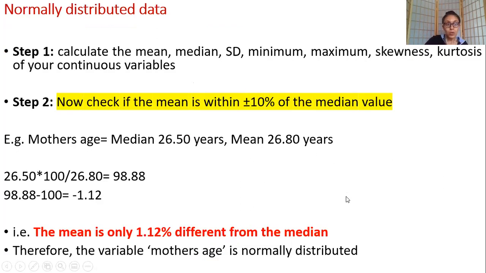All right. So now the first important assumption, as I said, was normal distribution. How do you check whether your data is normally distributed or not? These are a few strategies which I use. Firstly, step 1 is you have to calculate the mean, median, standard deviation, minimum, maximum, skewness, kurtosis of your continuous variable.